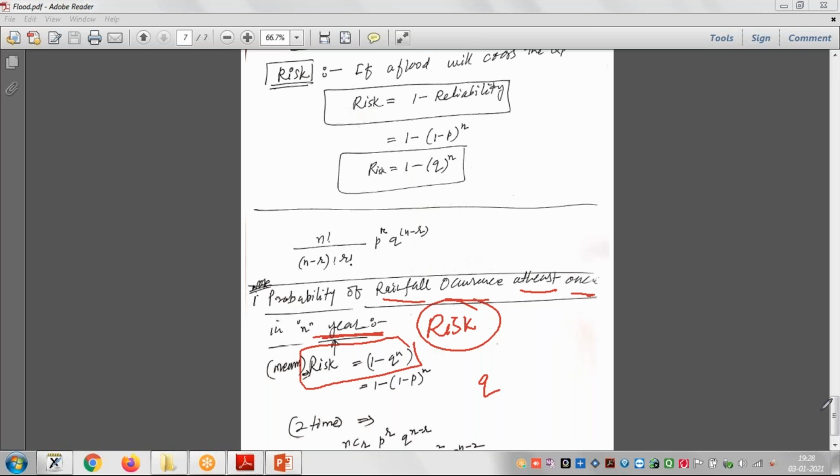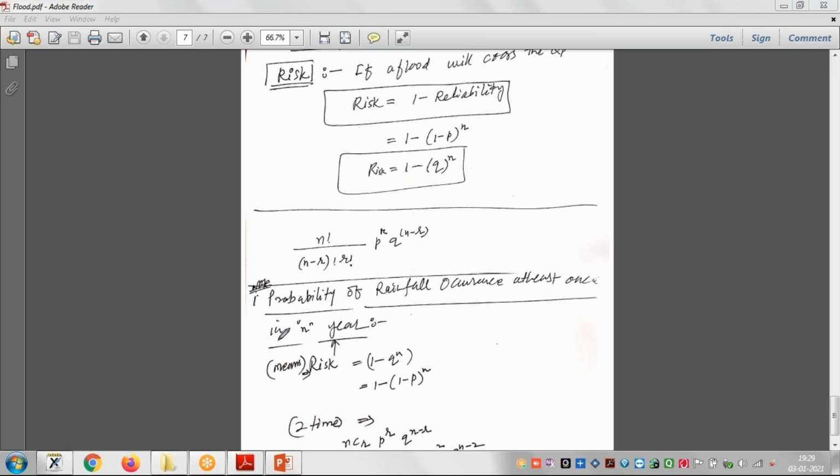Suppose it is said that the probability of rainfall occurrence is at least two times in n years. Then in this case, this 2 times means the r value is equal to 2.